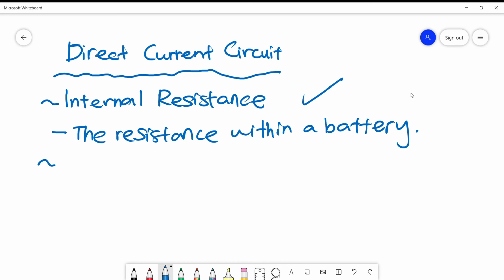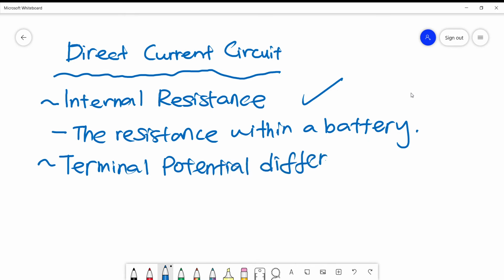As for the second, this one is actually not an electrical component. For the second one, we need to know what is actually the terminal potential difference. So what is the terminal potential difference?